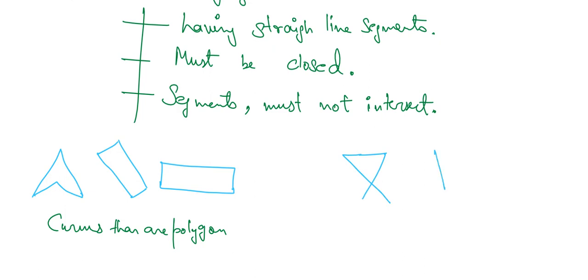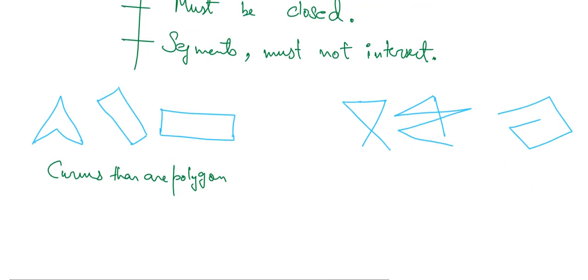Figures like, and the last one. So these are a few of the figures which I have drawn to illustrate which of the curves are polygons and which are not.